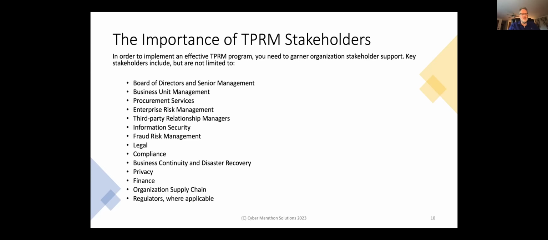Now, jumping back to the top of the list, to the board of directors and senior management. The board needs to have a clear understanding of the risk that's represented by businesses deciding to outsource third-party relationships.